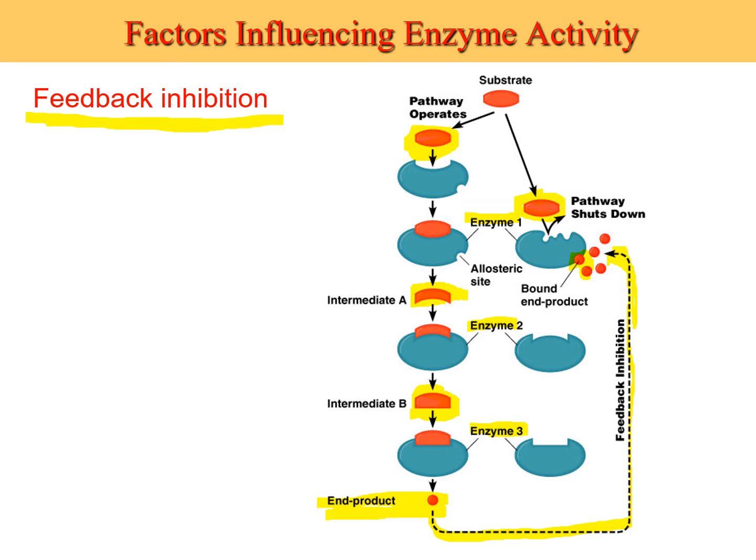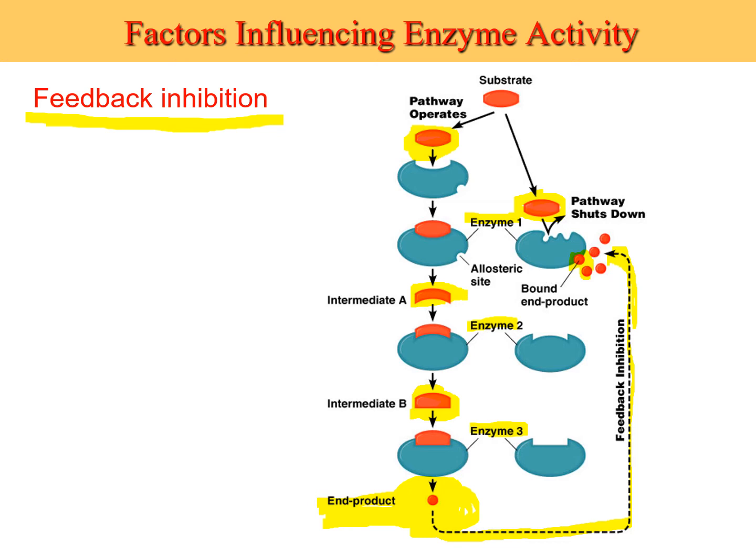This is reversible. The reason the cell was producing this end product of this pathway is because it needs it for some other kind of function. Maybe it's producing here an amino acid that it's now going to use to synthesize some particular protein. As it makes that protein, this particular amino acid is going to be reduced in its concentration in the cell.